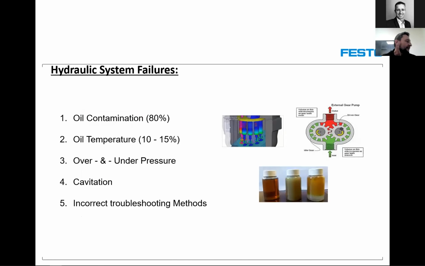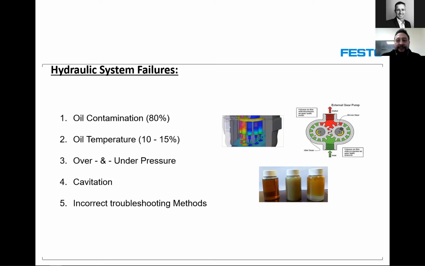So if you look here, you can see that oil contamination is the problem 80% of the time, oil temperature is 10 to 15%, and the rest are other problems that might even be the fault of the operator. In the case of cavitation, if you look at number 4 there, if you do not know how to set up your system, the operator, or the technician for that matter, can cause cavitation, and you can create your own problems in your own systems as well.